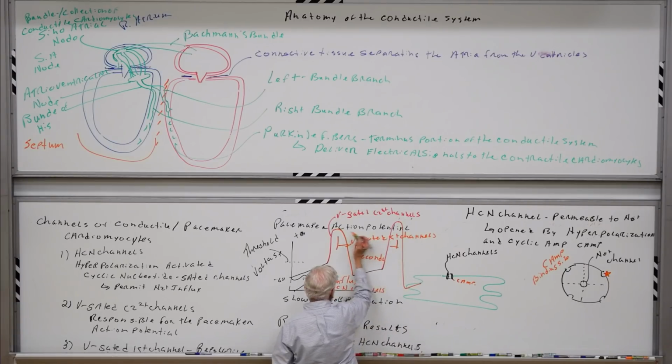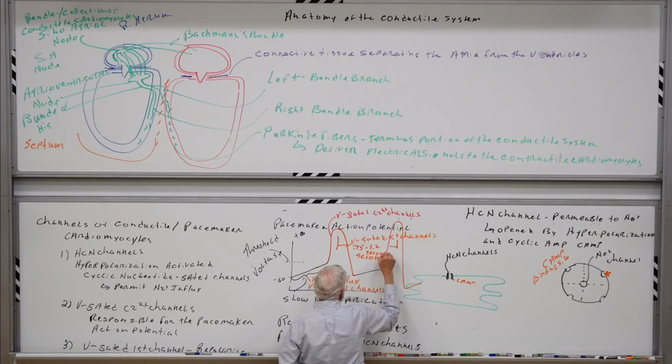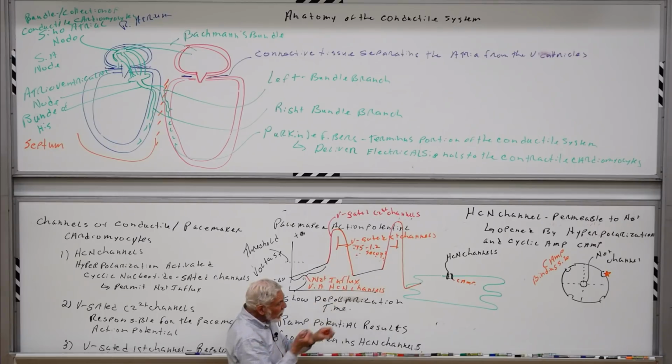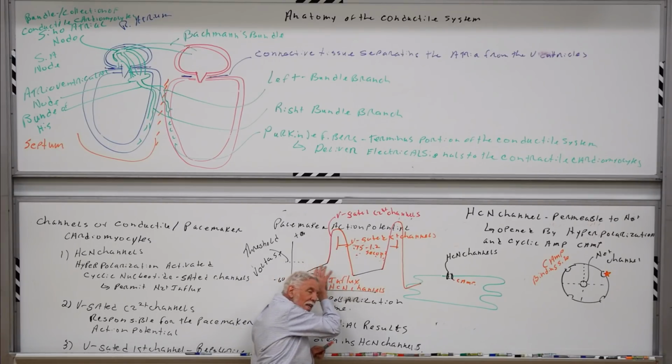I'm sorry, let me do it a little differently. The time between these peaks is between about 0.75 and 1.2 seconds, depending on heart rate. And it's easiest to think about heart rate as 60 beats per minute. Every second you have one of these. So what's happening here?